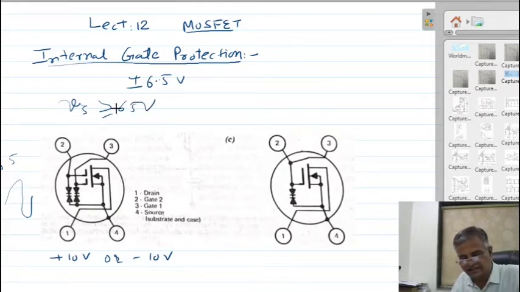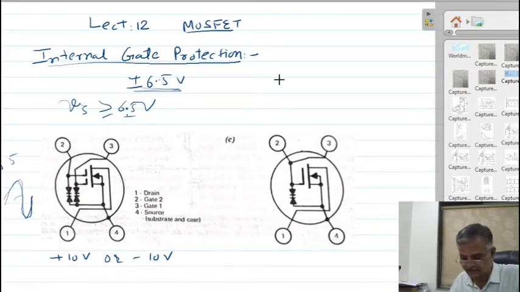Then the excessive voltage more than 6.5 will be clipped, but generally the voltage you give to the input is less than this voltage. So this internal gate protection does not affect the working. Only one disadvantage is there: the leakage current increases.